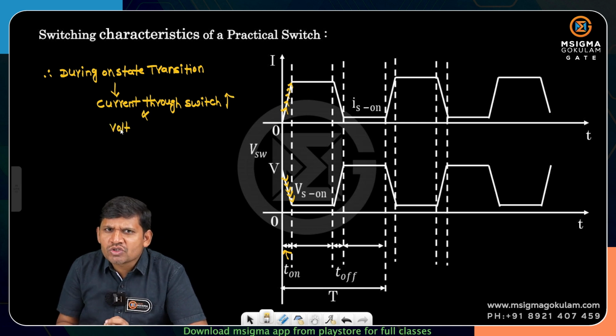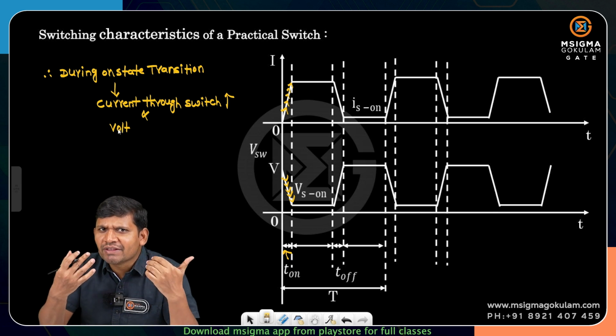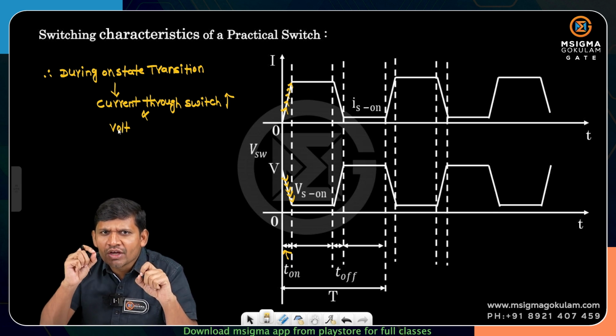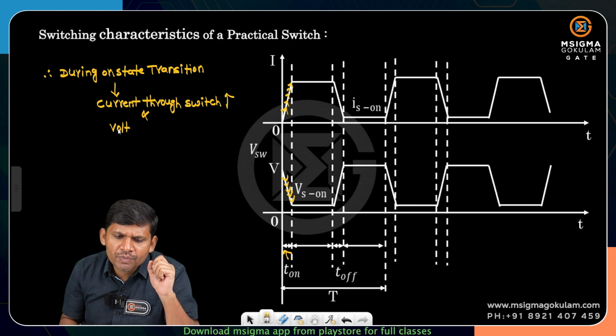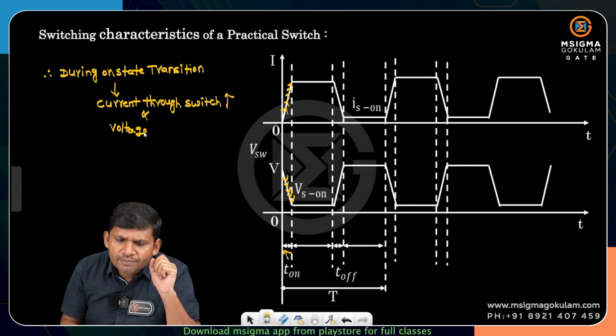I am not talking about supply. Supply is whatever you have given, that is constant. But I am talking about the device or switch. Voltage across the switch is falling. Correct?